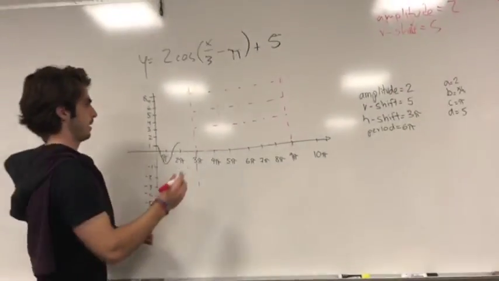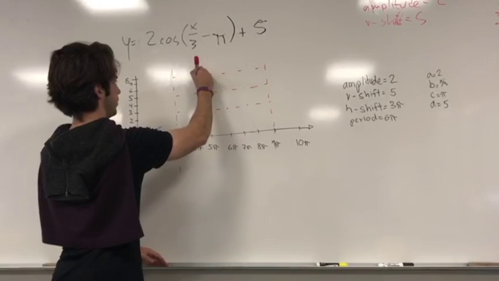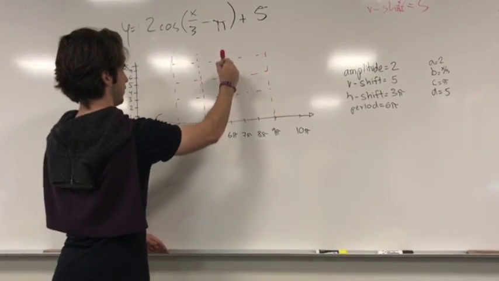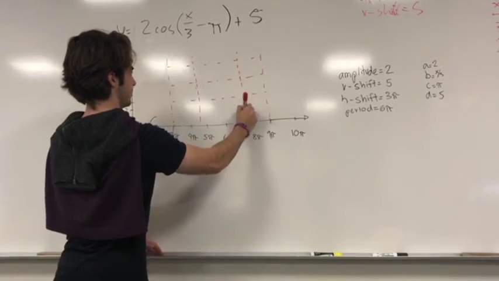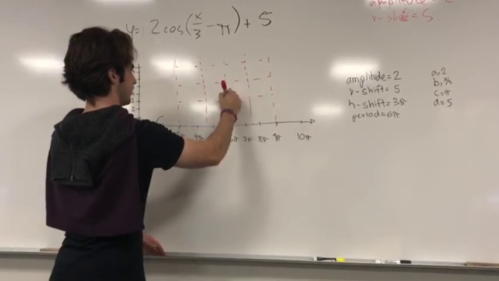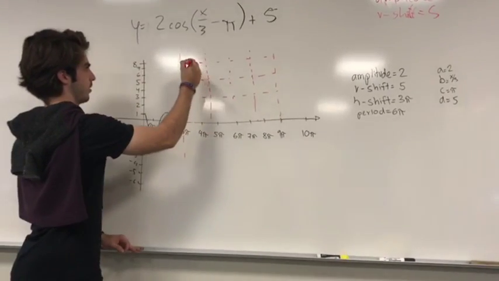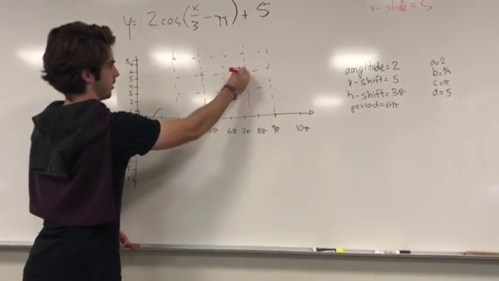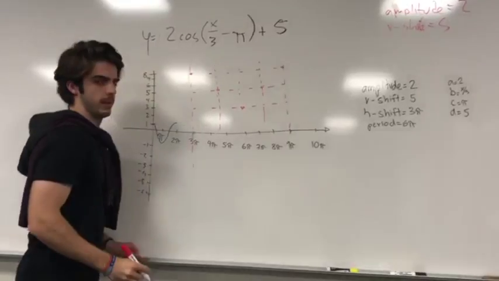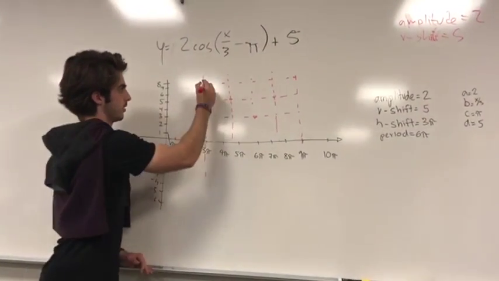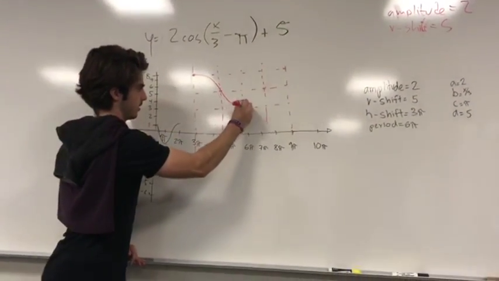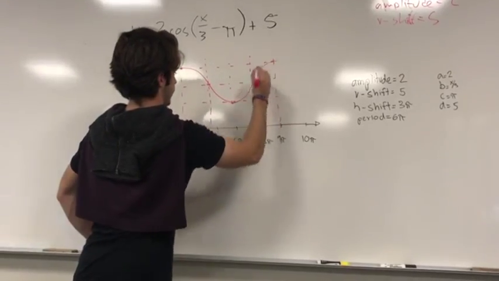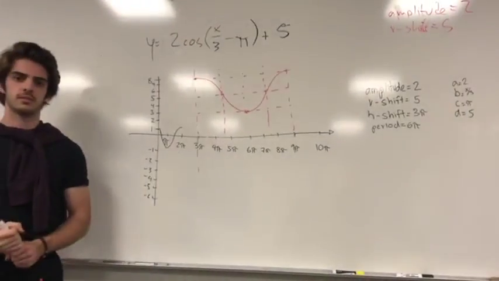So now we'll divide here in parts, in 4 parts. So now we start here, then we go here, here, here, and here, making 5 points. And we end up with a graph.